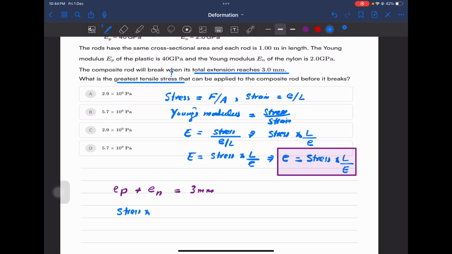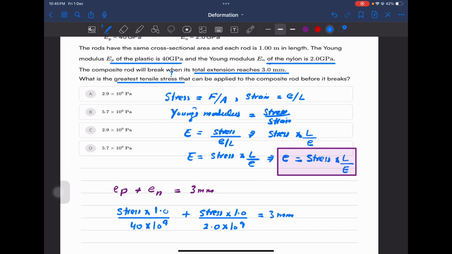First for plastic, the length is 1 meter, and the Young's modulus of plastic is 40 into 10 to the power 9, because it is giga. Plus extension in nylon: stress of nylon into length of nylon, which is 1, over the Young's modulus of nylon, 2.0 into 10 to the power 9. This whole is equal to 3 millimeters.